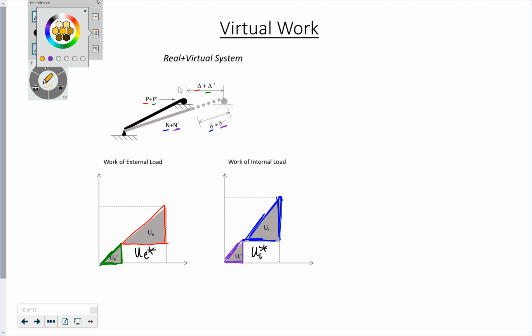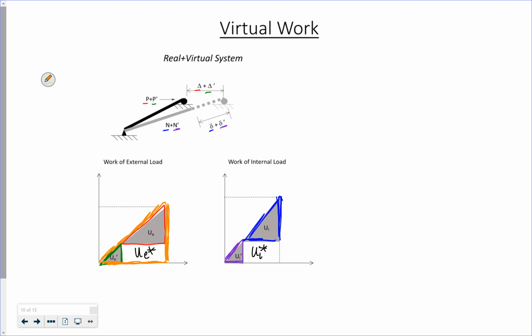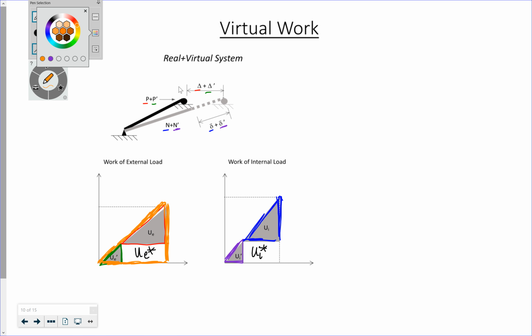Should I start with orange? The total external load energy, the work caused by that external load, needs to be equal to the total strain energy, right? These two big triangles need to be equal to each other.